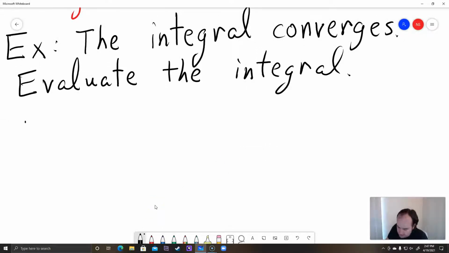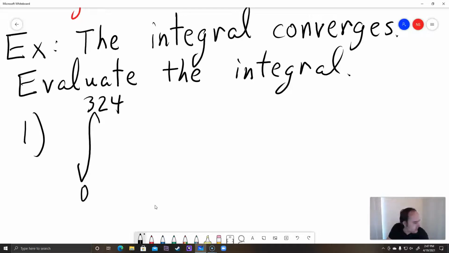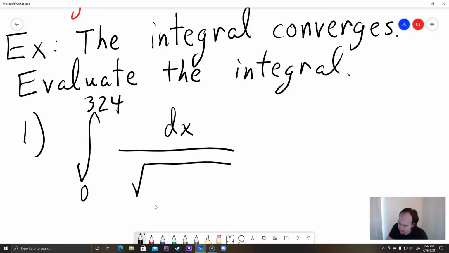Okay, so example number 1 is the integral from 0 to 324 of dx over the square root of 324 minus x. So here, the value for which this original function is undefined is going to be 324.